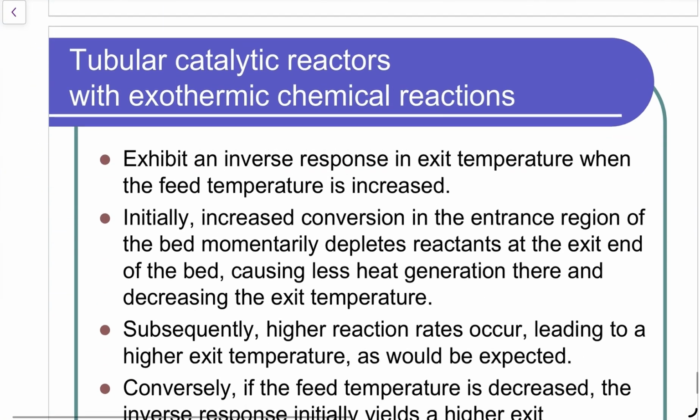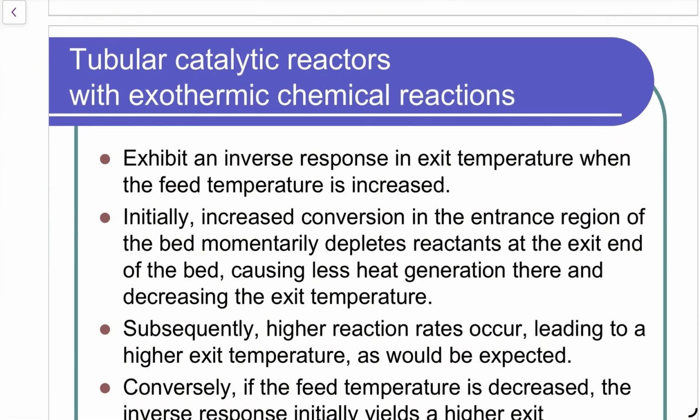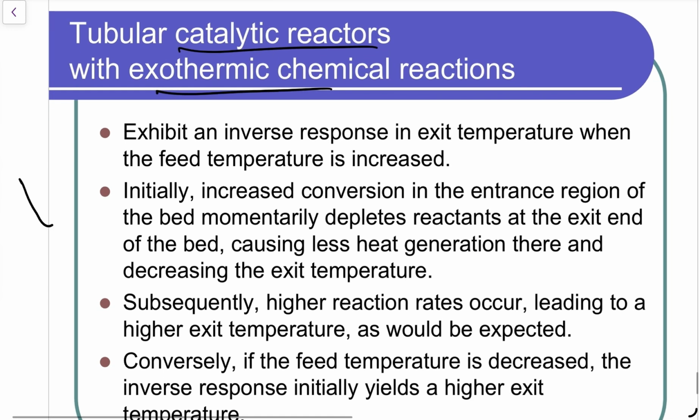Now let's go to the third example, a tubular catalytic reactor with exothermic reaction. Here also, if the feed temperature is increased, normally we expect the exit temperature to increase, right? That's what we are expecting.